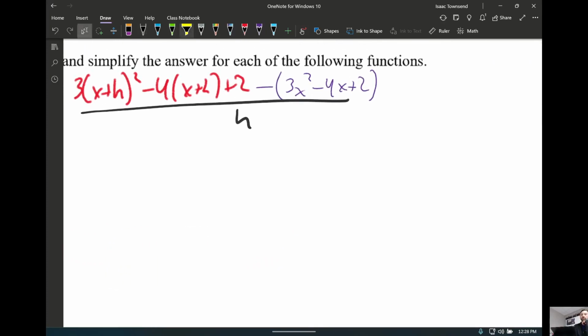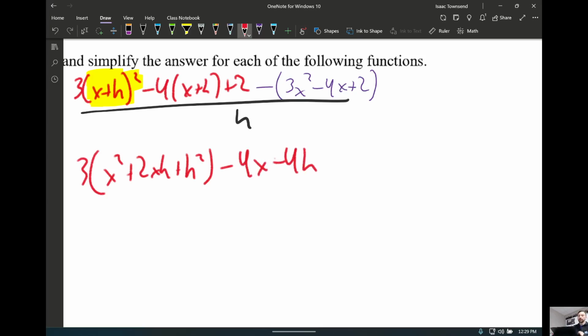Then, if you FOILed this out correctly, I'm going to highlight this part because it's the part that I think is going to have the most mistakes. And we could go ahead and distribute the -4. And might as well just distribute this negative while we're at it.